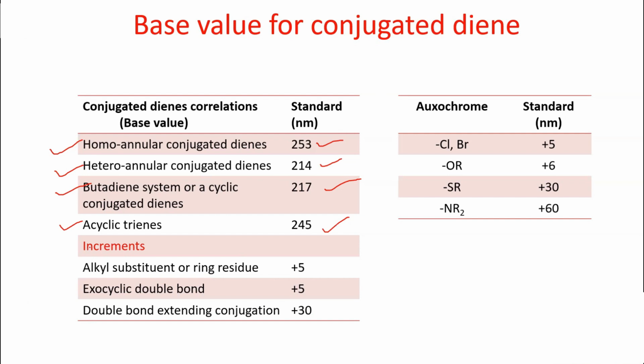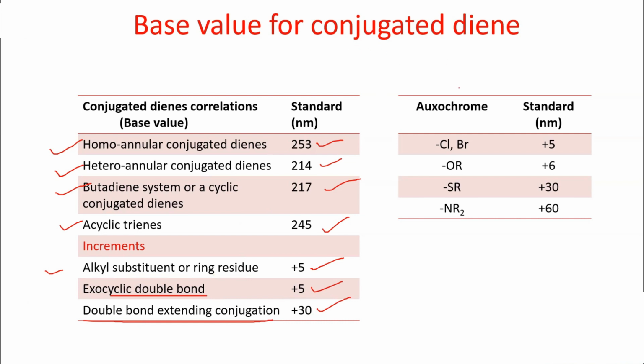There are some increments if alkyl substituents or ring residues are present on the conjugated system. We have to add 5 nanometer. If an exocyclic double bond is present, we have to add 5 nanometer. If extended conjugation is present, we have to add 30 nanometer.